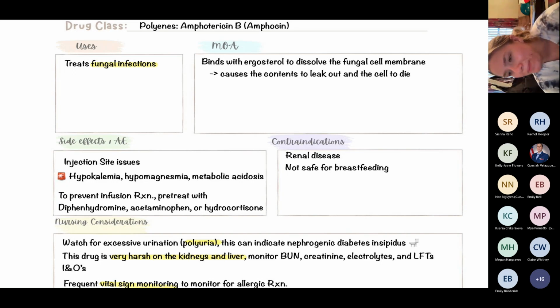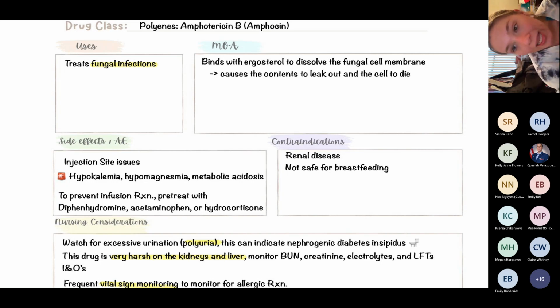So our AMP-B is our Pauline. Amphotericin B can have some pretty harsh side effects, including really messing with our electrolytes, our lytes, if you will. It can cause hypokalemia, hypomagnesemia, and metabolic acidosis. Additionally, with AMP-B, you can have an infusion reaction that can mess with their vital signs.